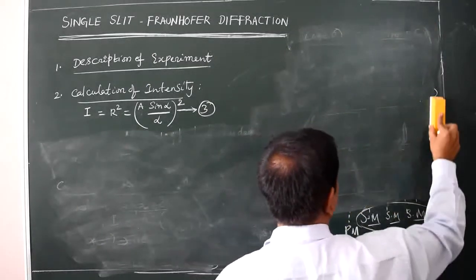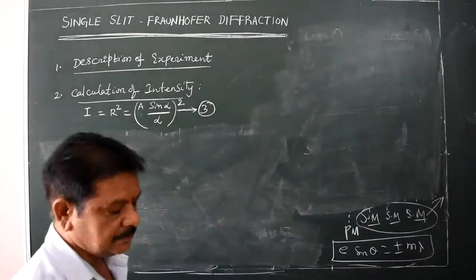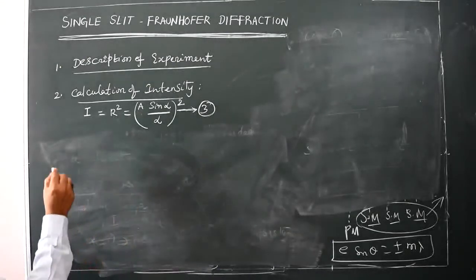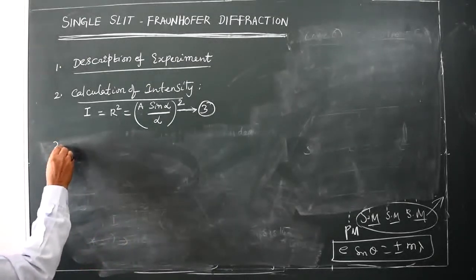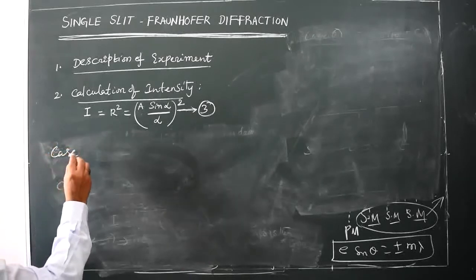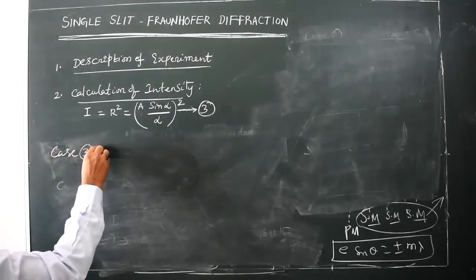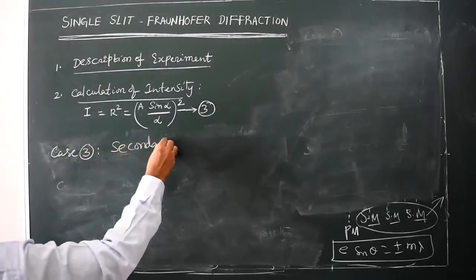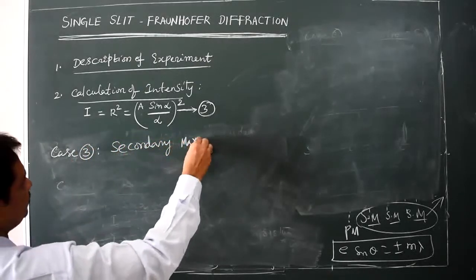The intensity at the point of secondary maximas is given by the differential value of the intensity. So the third case, case 3, secondary maximas.